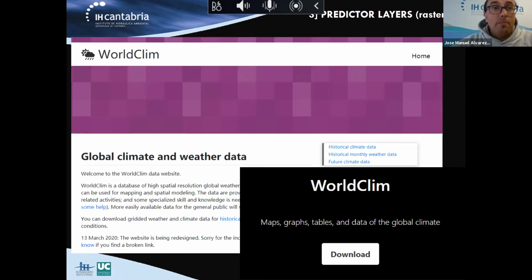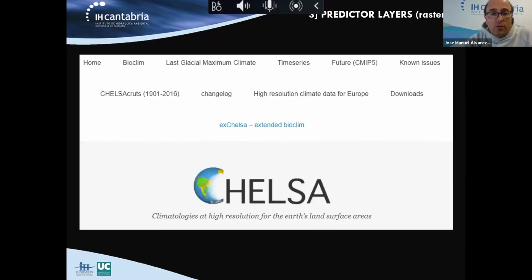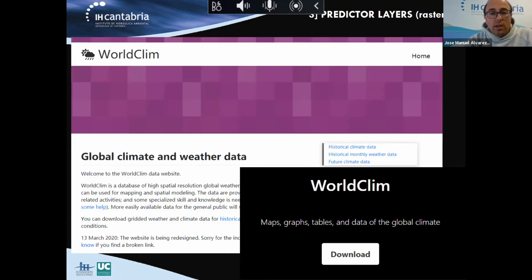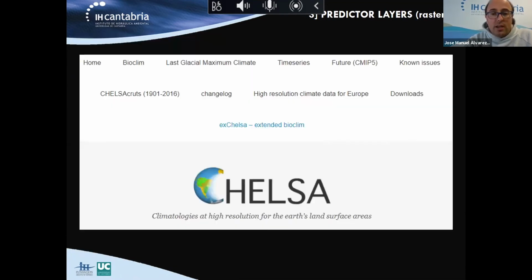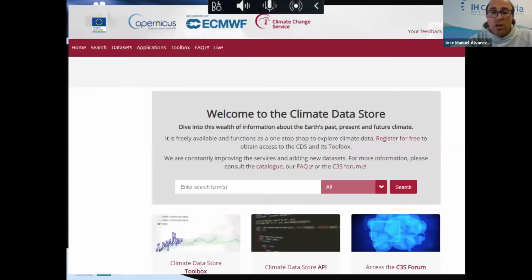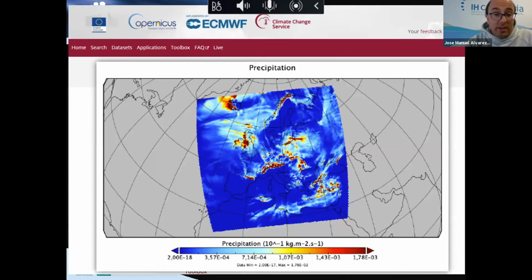About climate, this is a very tricky issue that we have to think about because we can download something prepared such as WorldClim or CHELSA. I don't know if you know these databases, WorldClim, current and future forecasting, CHELSA, similar, a lot of information. And of course, we have the Copernicus database from which we can download information.